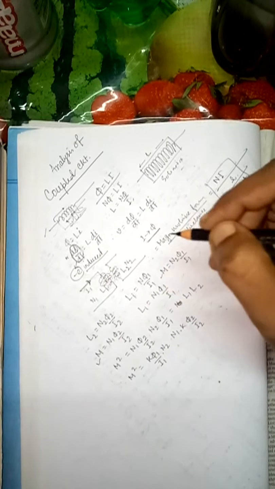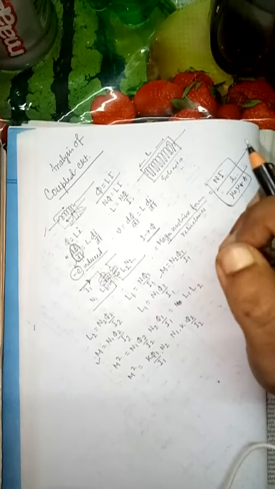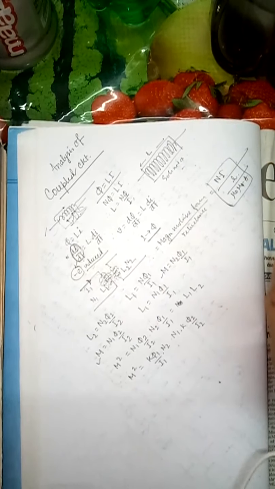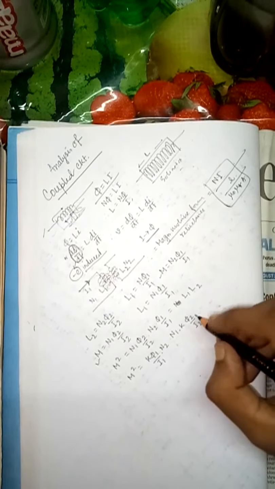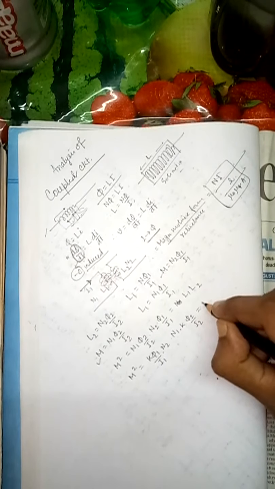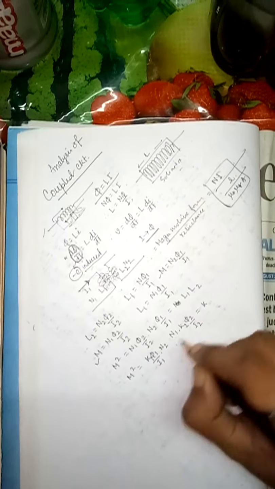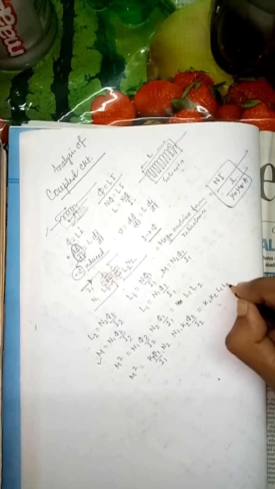What is K? That K is a particular rational number. It may be anything, 1, 2, 3, 4, 0.5, 0.8, like this. So it basically gives us knowledge of the flux linkage inside that particular circuit. So therefore we can write that if it is K2 and if it is K1, considering the dissimilarity, M square equals K1 K2 L1 L2.